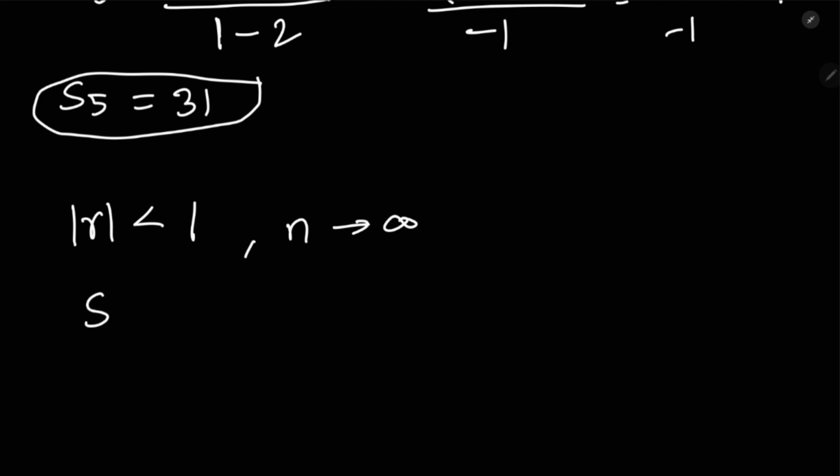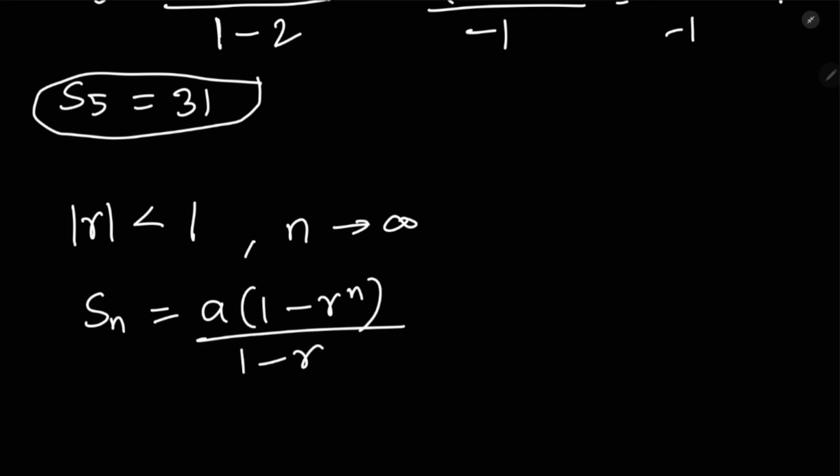Then Sn will be a times 1 minus r power n upon 1 minus r, and this factor here, since r is less than 1, then r power n will go to 0 as n tends to infinity, because r is like a fraction, and a fraction raised to a very large power will tend to 0. So this will go to 0.